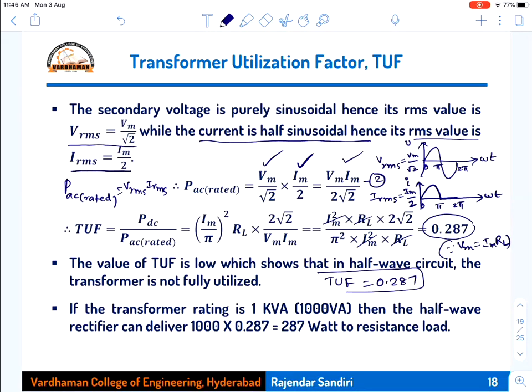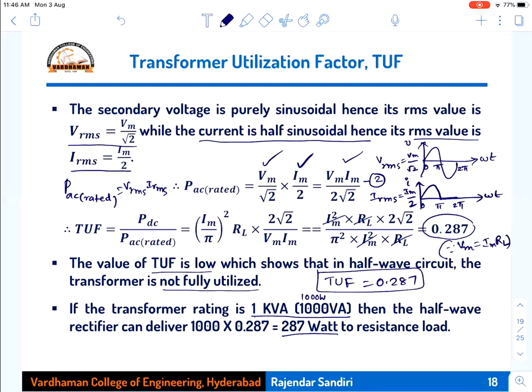What does that mean? The value of the TUF is low, which shows that in the half wave circuit, the transformer is not fully utilized. It is 0.287. If you take this example, you will understand. Suppose the transformer is a 1 kilovolt ampere transformer, 1000 volt ampere, then the half wave rectifier can deliver 1000 into 0.287, which is equal to 287 watt. 1000 volt ampere is nothing but 1000 watt.